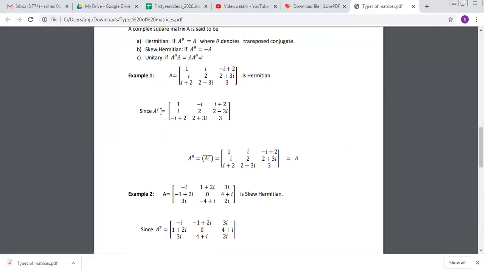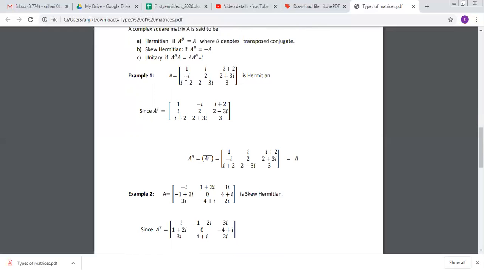Hermitian means you have to show A^θ equals A. What is A^θ? A^θ is (A transpose) whole bar. First I am calculating A transpose. What is the first row? First row is 1, i, 2-i. For A transpose, write the first row as the first column.